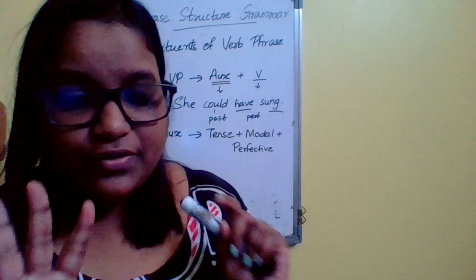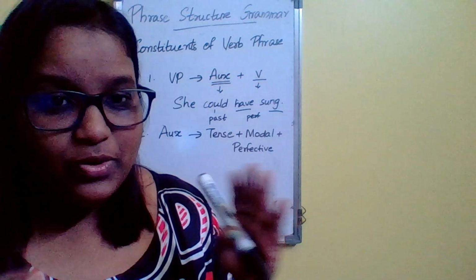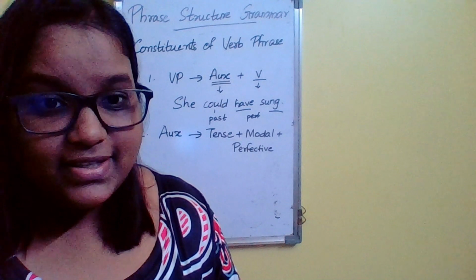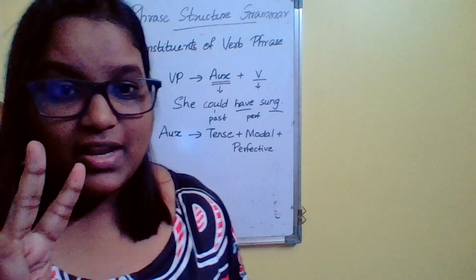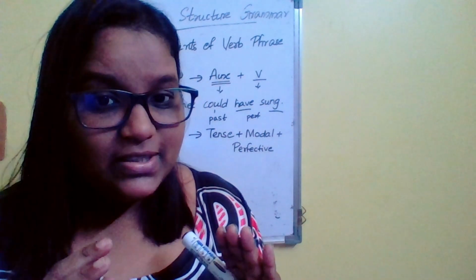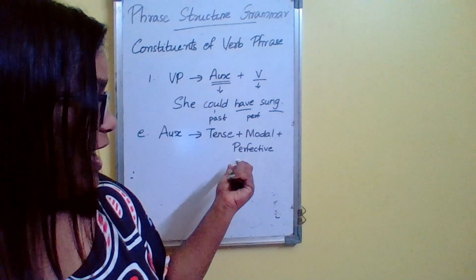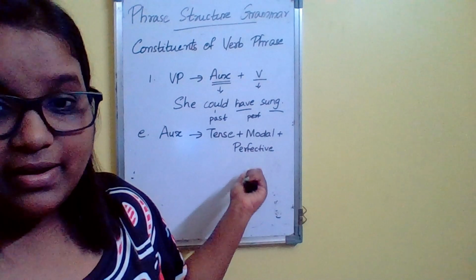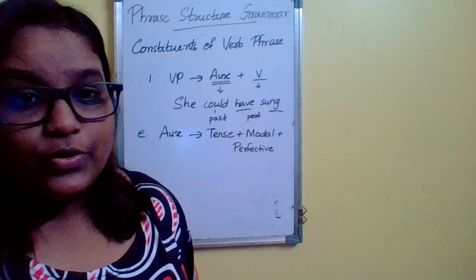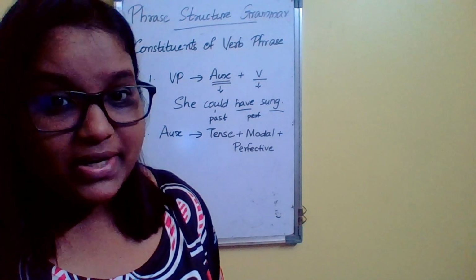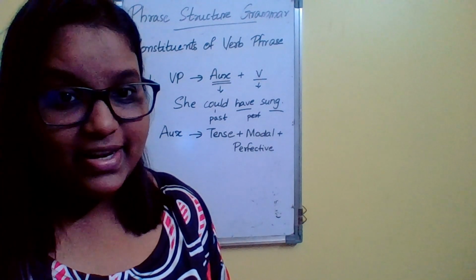So the first four formulas or possibilities of auxiliaries consisted of two elements. Now we are considering the possibilities of three elements in an auxiliary. Now this one has tense, modal and perfective. Let's look at the sixth possibility of what can be an auxiliary.